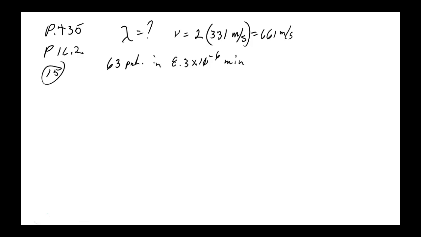All right, a couple things to do with this problem. This last bit of information is related to what concept? Frequency, period. It's related to frequency equals 1 over the period. Right. So it means 63 pulses in that time.